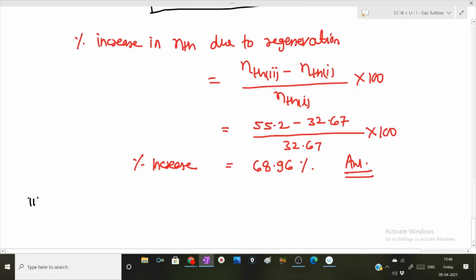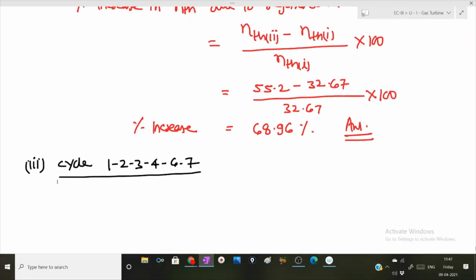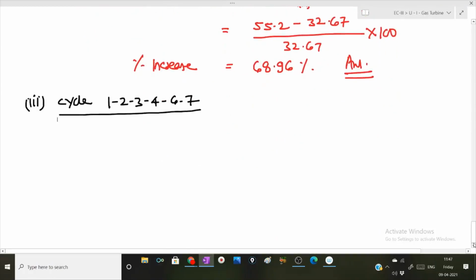So cycle number 3, cycle 1, 2, 3, 4, 6, 7. So we have to calculate first T2, then T4, then T7.